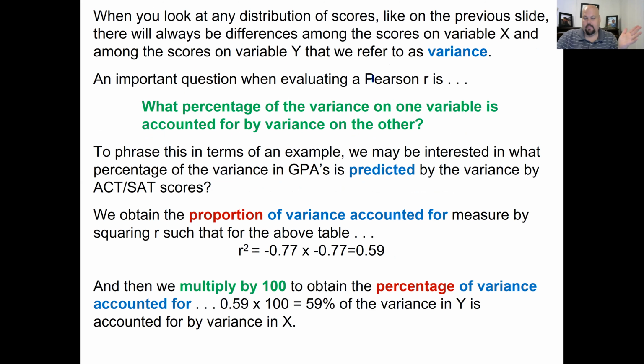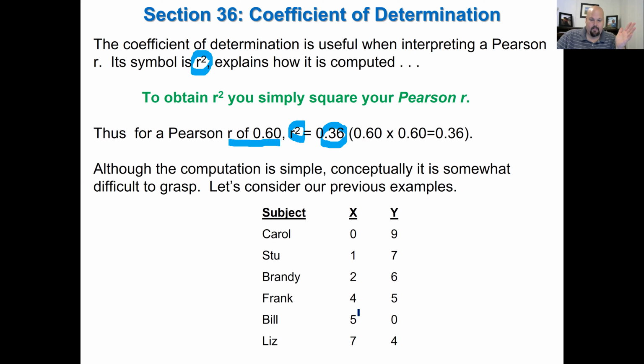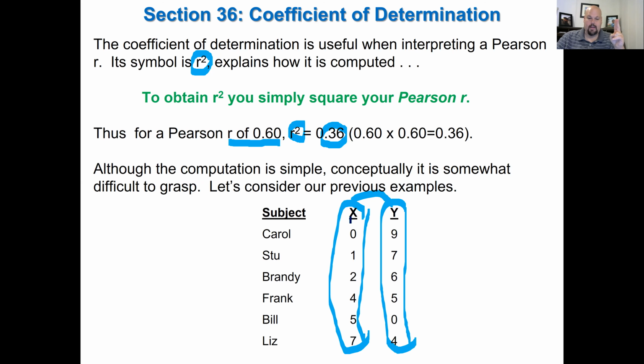There's variability on the X's and variability on the Y's. Not everyone has the same X score, and not everyone has the same Y score. So there is variability both between X and Y and within X and within Y. There are two types of variability, between and within.